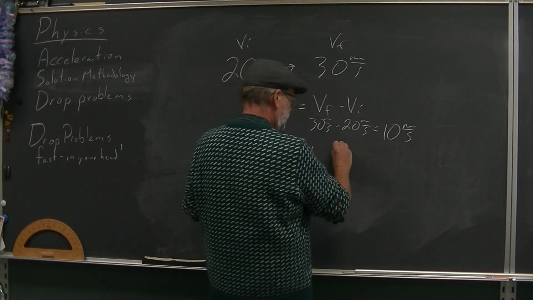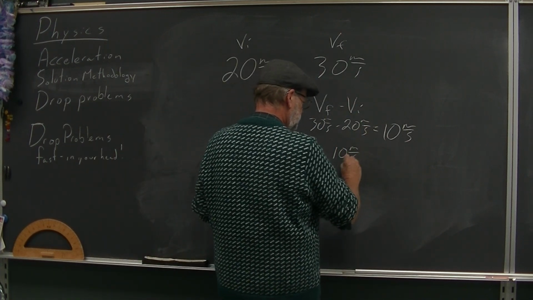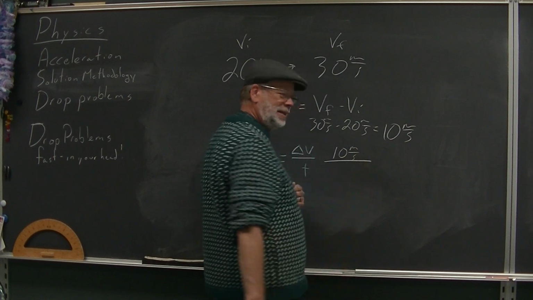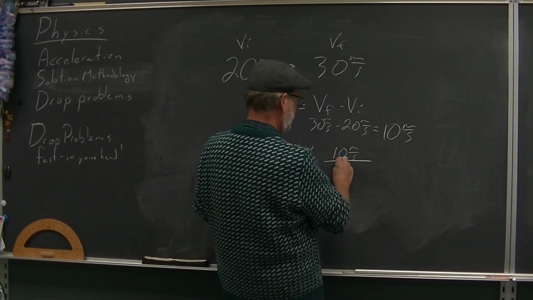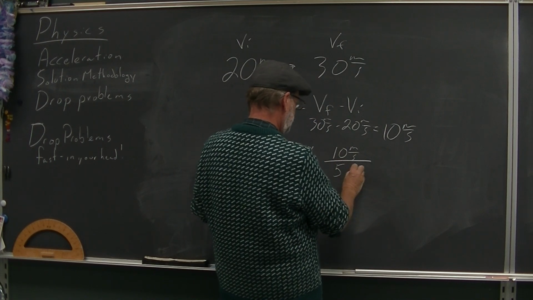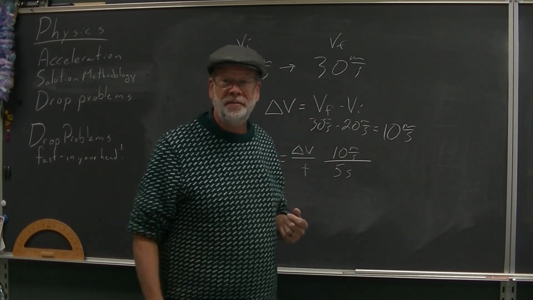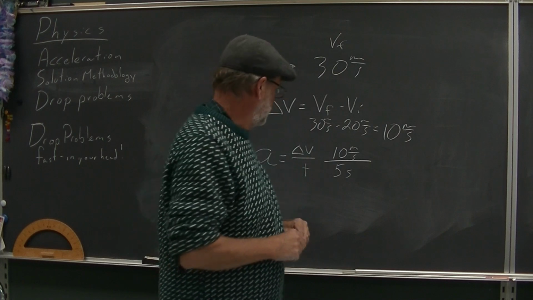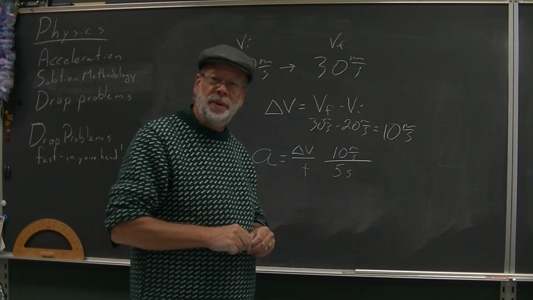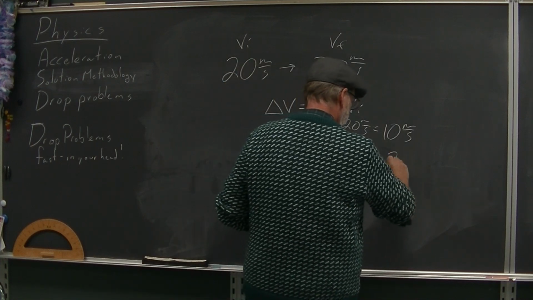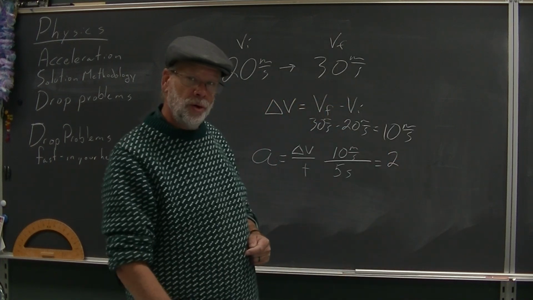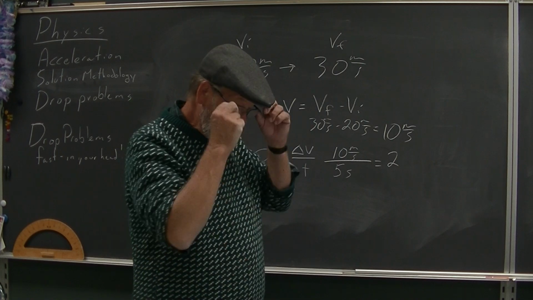Well, we know the change in velocity is 10 meters per second, and the time unit that took place in, what did I say? 5 seconds? I hope I said 5 seconds. 5 seconds. Well, what does that come out to be? Well, we know 10 divided by 5 equals 2. That is unsatisfactory, though, because we have to consider the units.